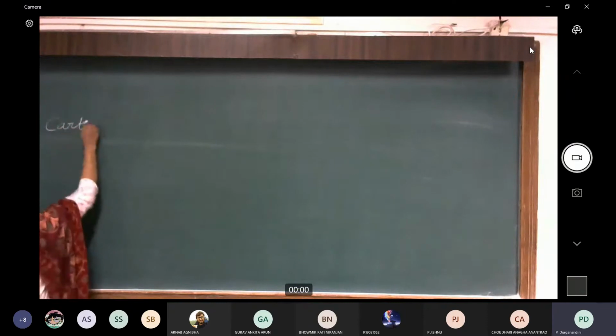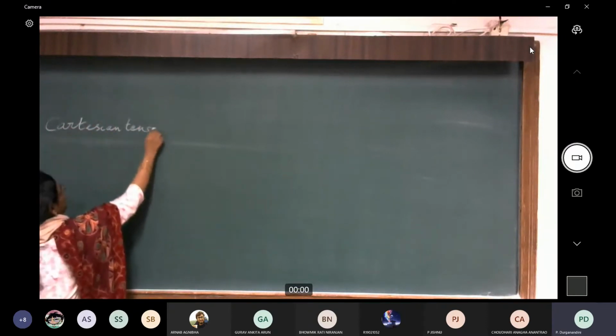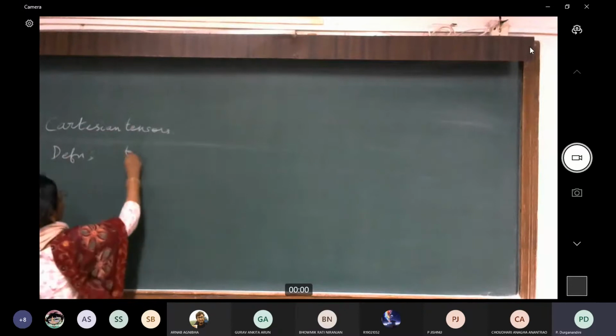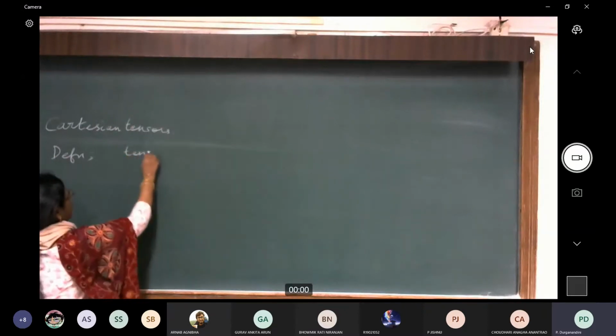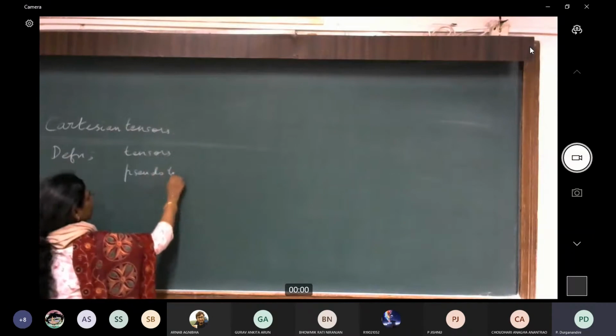So let's summarize what we have done so far. What we have done so far is the definition of Cartesian tensors. We talked about the definition of tensors, and yesterday I also introduced objects which are pseudo tensors.